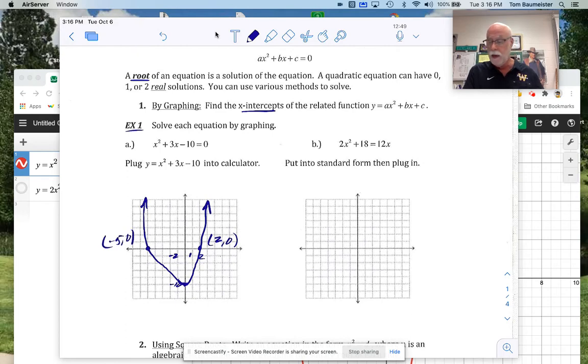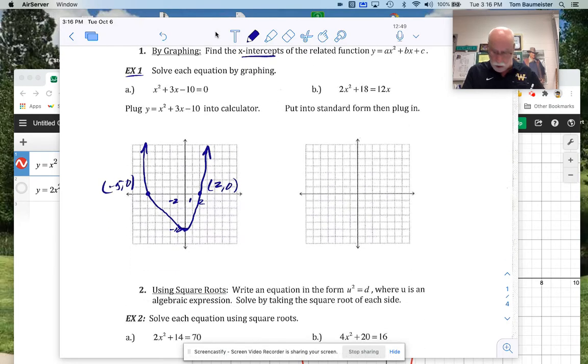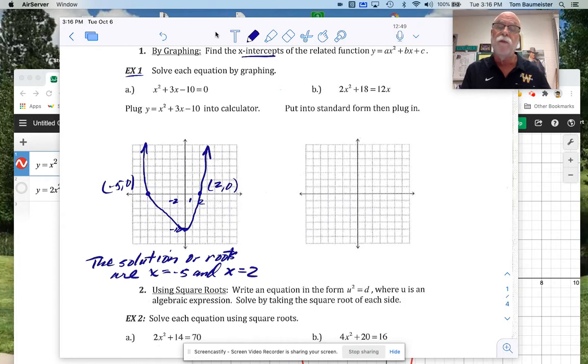So that tells me that the solution or roots are x is equal to negative 5 and x is equal to 2, which is what we would expect if we would have factored it.